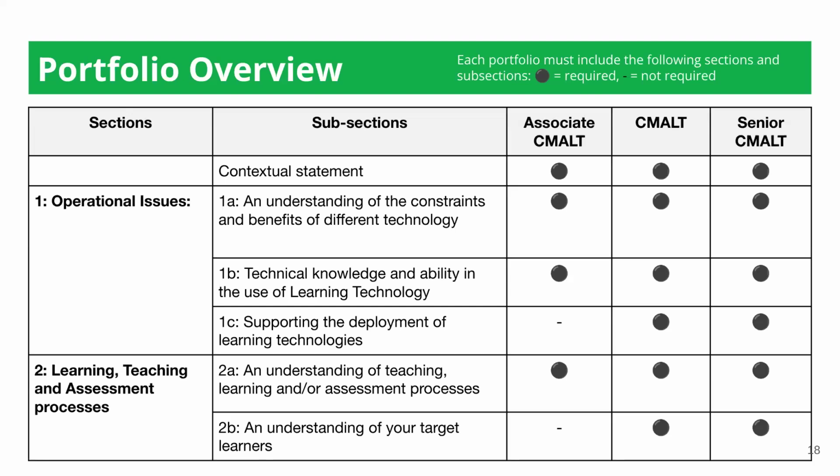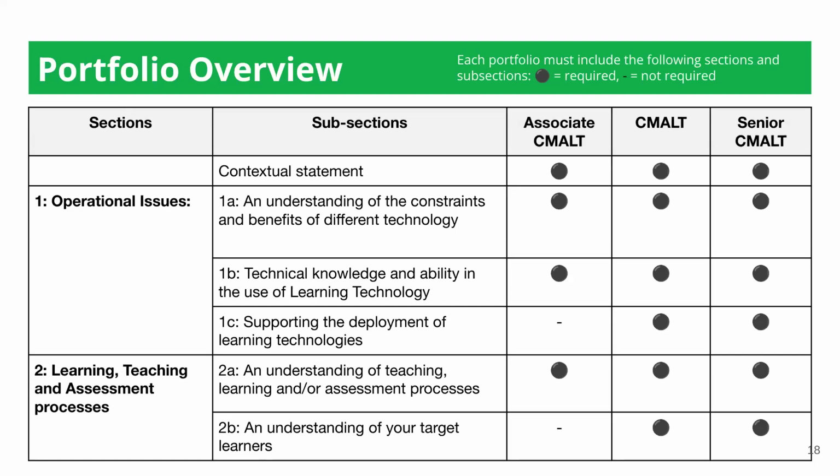So you'll notice over the next couple of slides that Associate CMALT has the fewest, CMALT has a few more, and then Senior CMALT has all of them. So you can see the difference in levels of the amount of work you need to submit for the different pathways of CMALT.